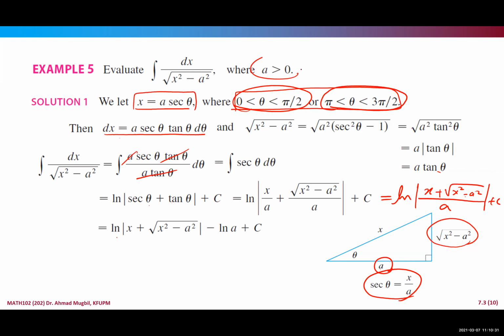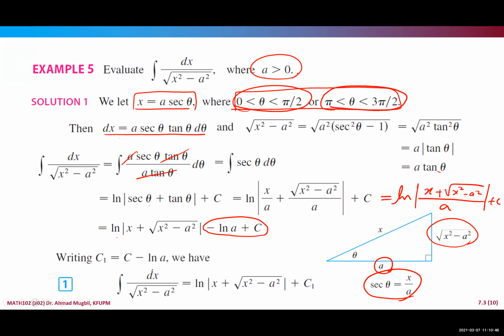A is positive, so because of that, we have ln the absolute value of a, it is ln a. Also, by the way, it is good to mention that, but next, no problem. So now this one, you can write it as a new constant. Let's call it C1, for example. Here it is. This is C1. Or you can just call it C, no problem, because we said that it is just a matter of a constant.